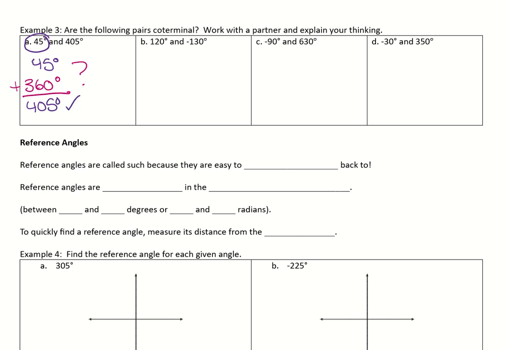Yes, it is. So adding a circle got us there. So the answer is yes. Let's test out 120 and negative 130. We got to subtract. So 120, and it doesn't matter which one you start with. I'm just starting with the first one. Let's see if we can subtract 360. What do we end up with? Negative 240. Uh-oh, those are not coterminal angles.